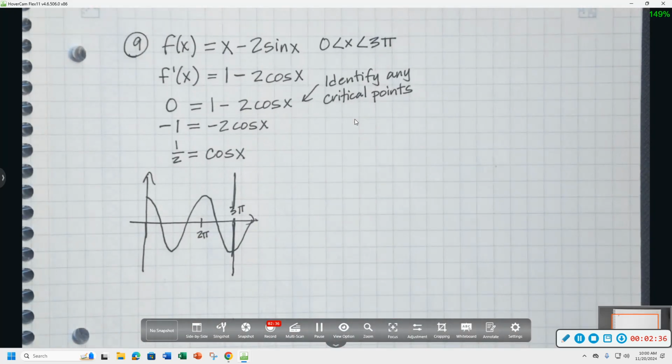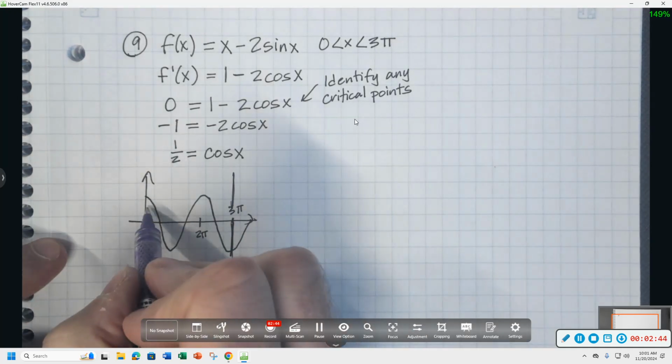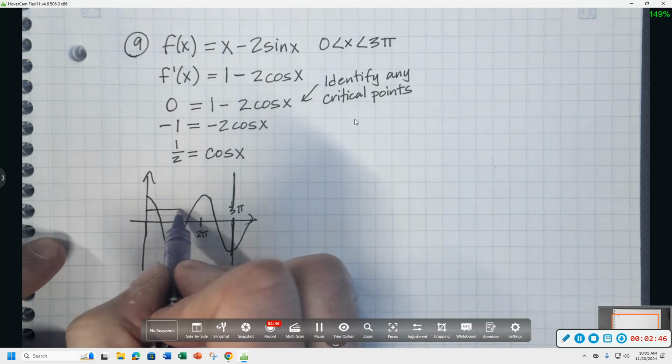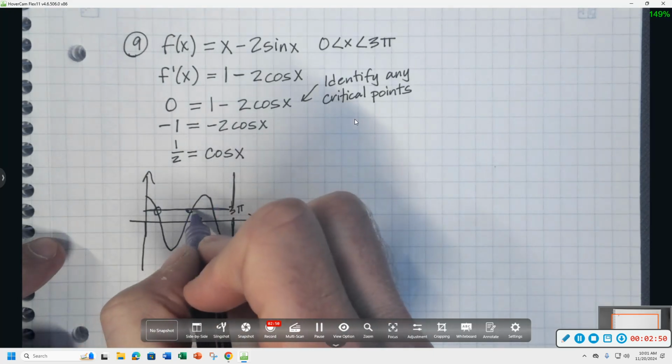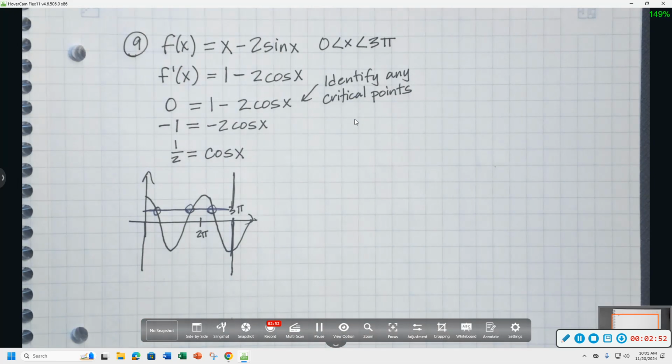We're only looking at values between 0 and 3 pi. That's what it says in the problem. Now, we want to figure out where cosine is 1/2. So if I think about 1/2 as being a line right here, there are going to be 3 locations on this interval where cosine of x is equal to 1/2. Are we in agreement there?